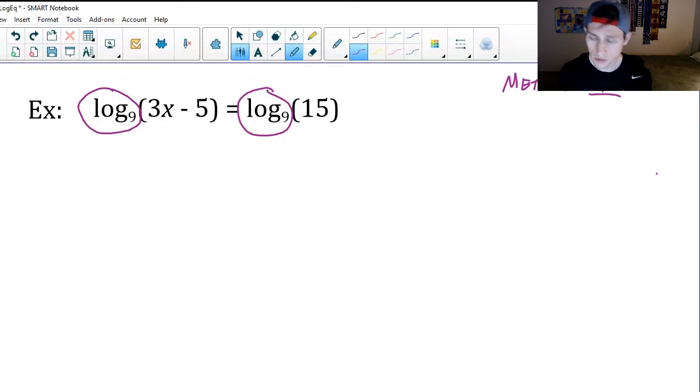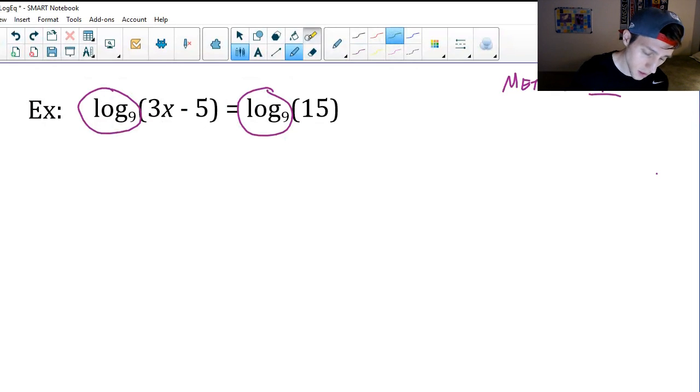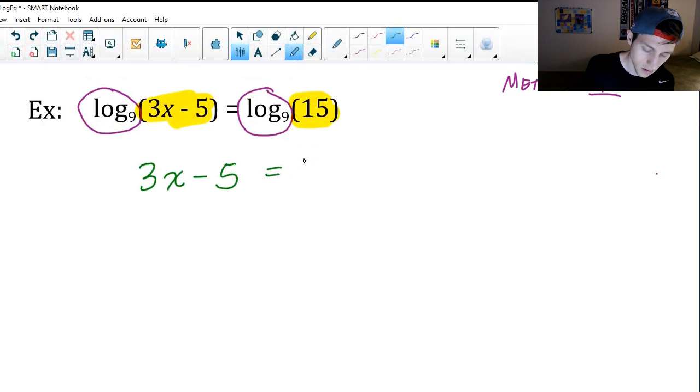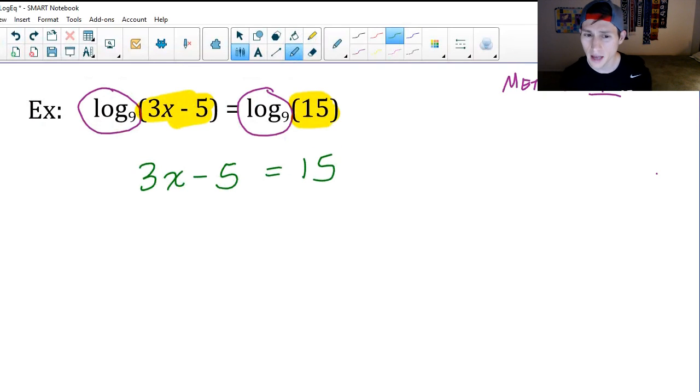What we can do is say, great, who cares about those logs? Let's just look at the stuff on the inside. Set that equal to one another, and we can just solve this. And this is easy.